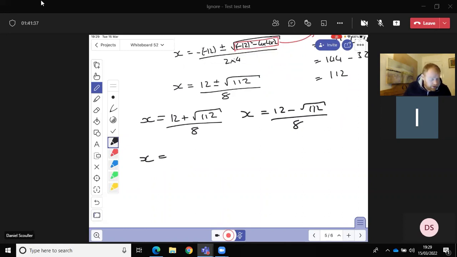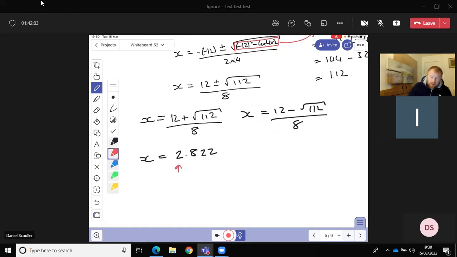So putting that into your calculator, I'll give you a second to do that. You should get out 2.822. It's to three significant figures, remember?